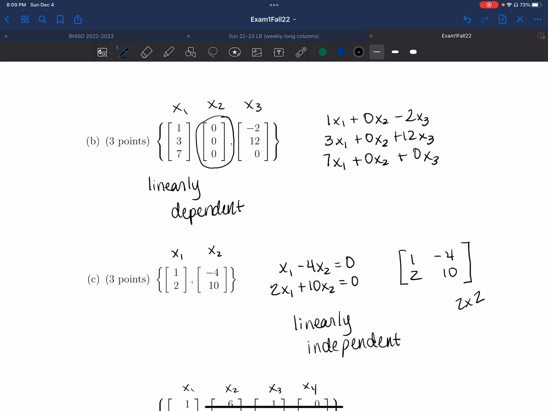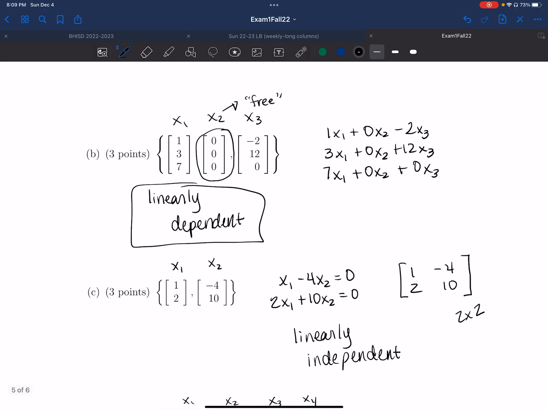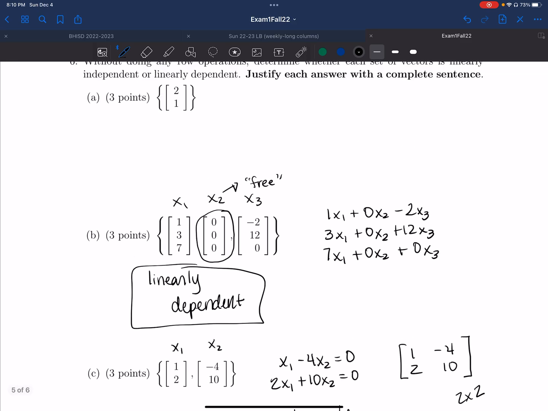So if this is free, that's what it's called in your book, then they are linearly dependent because you don't have an exact answer for x2. You can't get an exact one number answer, so it's dependent.